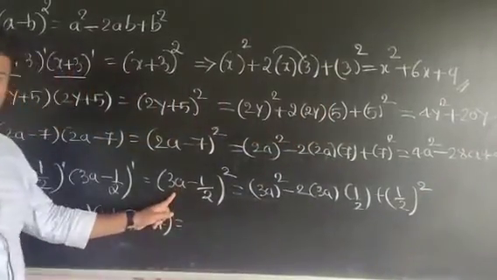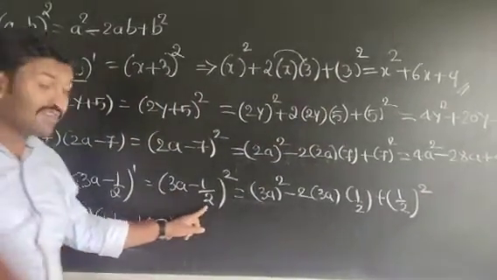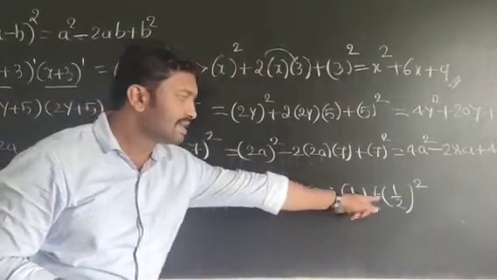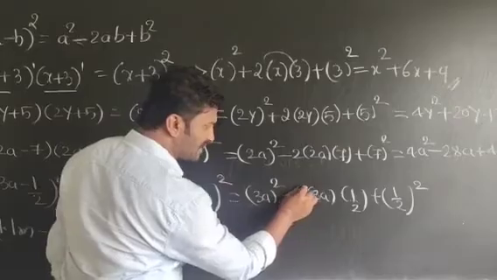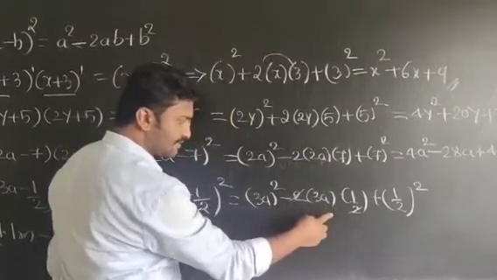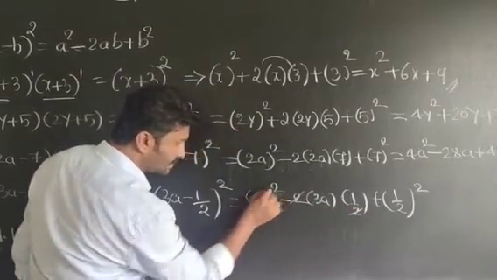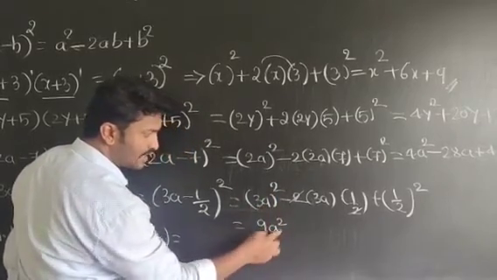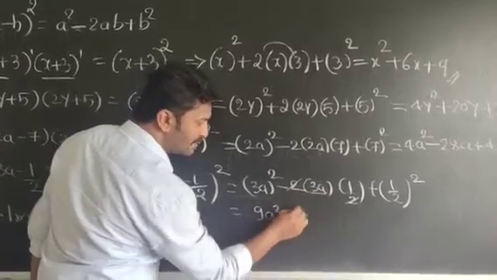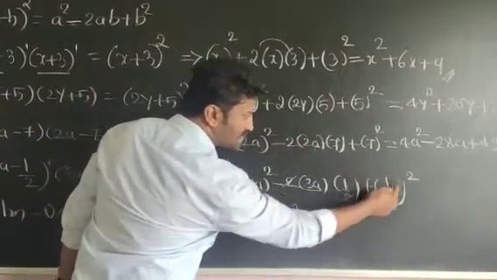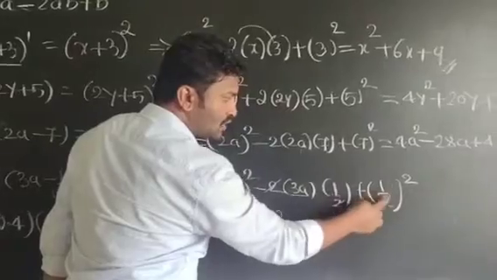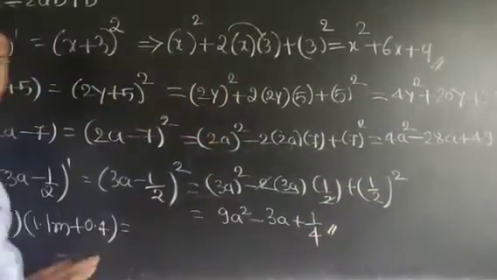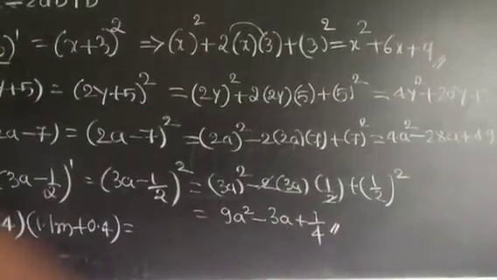Here a value is 3a, b value is 1 by 2. a square minus 2ab plus b square. Now I will simplify this one. The 2 gets cancelled. What remains? 3 square is 9a square, minus 3a remains, plus apply the square for both numerator and denominator: 1 square is 1, divided by 2 square is 4. This is the answer.